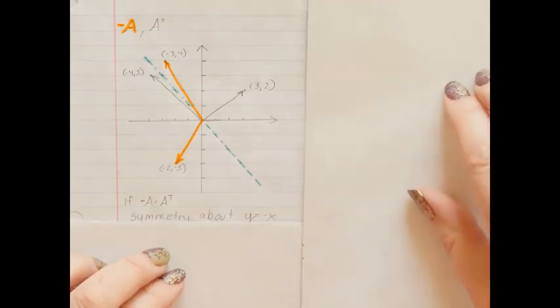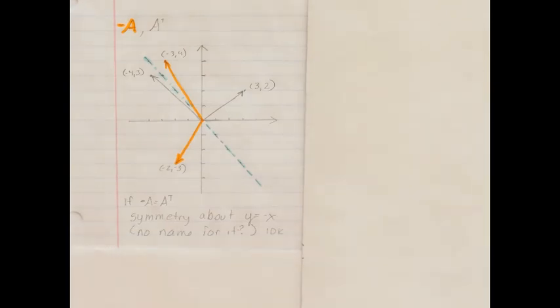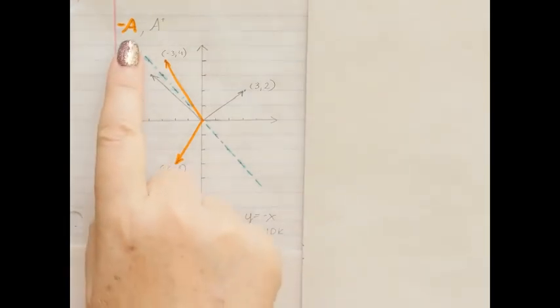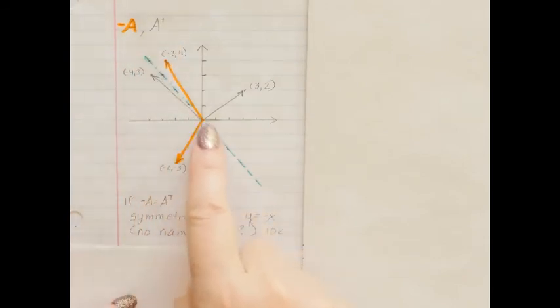But does it have a name for it? I have no clue. I really don't know. But it is interesting how if negative A equals A transpose, you do have some type of symmetry going on. But again, it's around y equals negative x, not y equals x. Is it called something? Not as far as I know. I have no clue though at the time of filming this video.